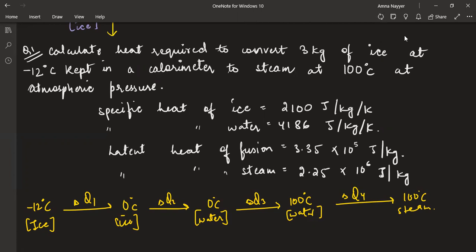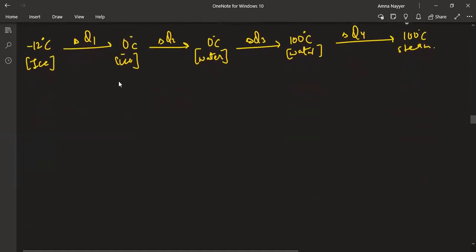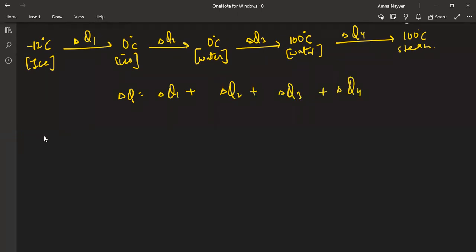So what is the total energy? Total heat will be Q1 plus delta Q2 plus delta Q3 plus delta Q4. Now Q1 we'll use m c delta T, because temperature is changing.